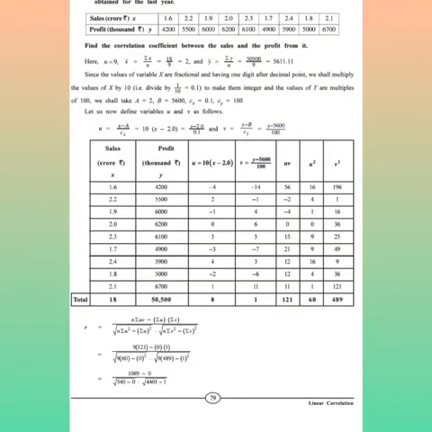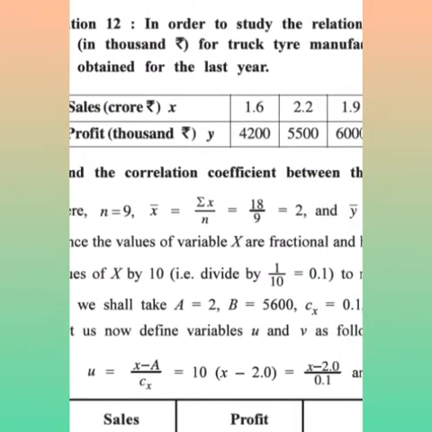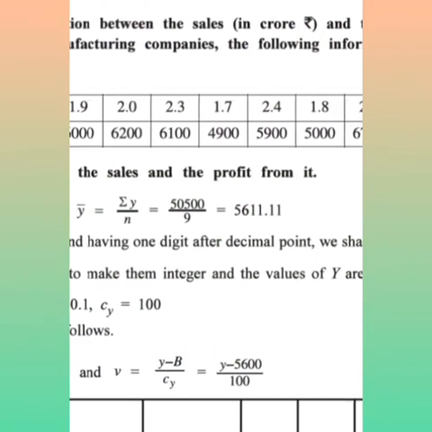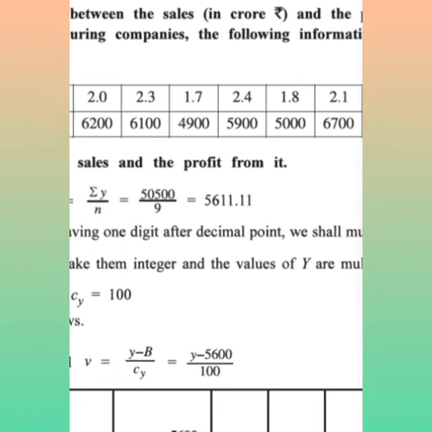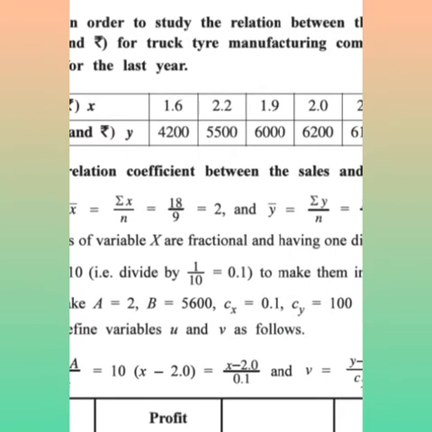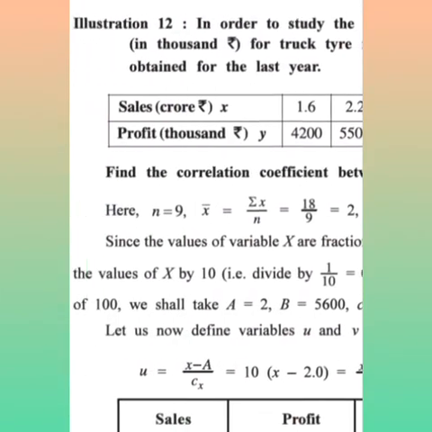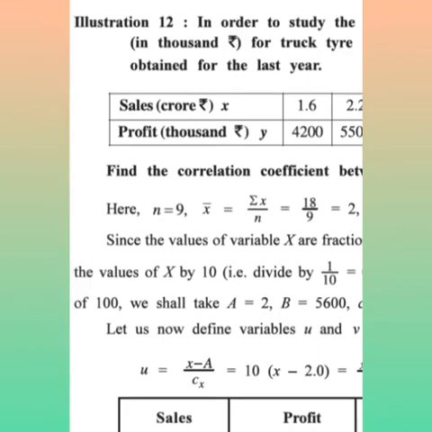Okay children, now we'll see this 12th sum, right? What they have given in this 12th sum is that in order to study the relation between the sales in crores and the profit in thousand, the truck tire manufacturing company's following information is obtained for the last year, right?